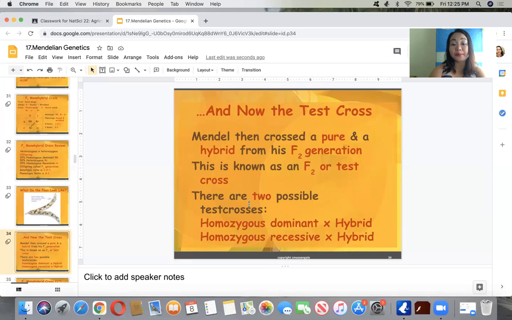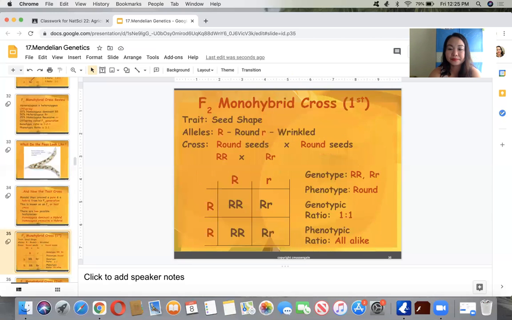There were 2 possible test crosses: the homozygous dominant times the hybrid and the homozygous recessive times the hybrid. Homozygous dominant has the same capital R, and homozygous recessive has the same small letter r.